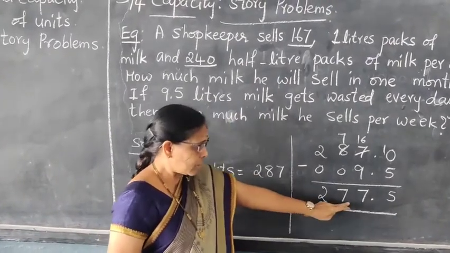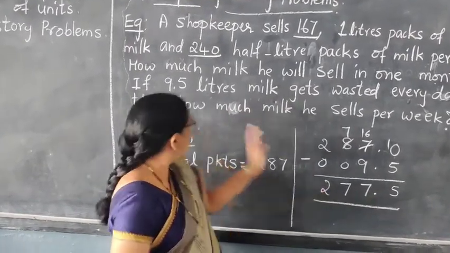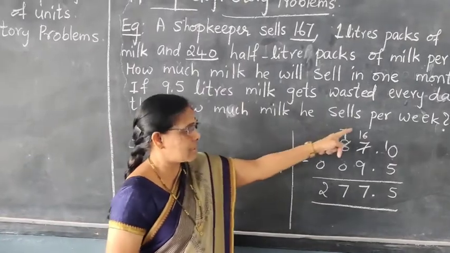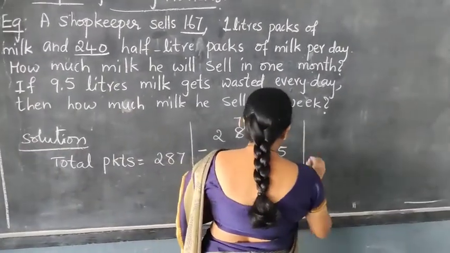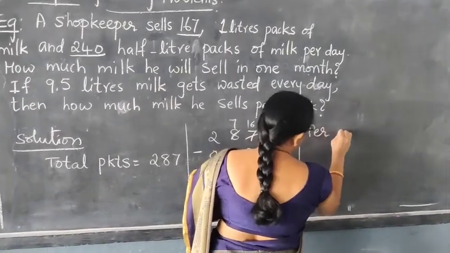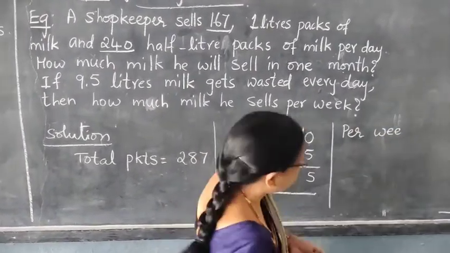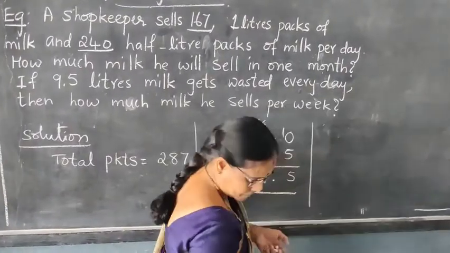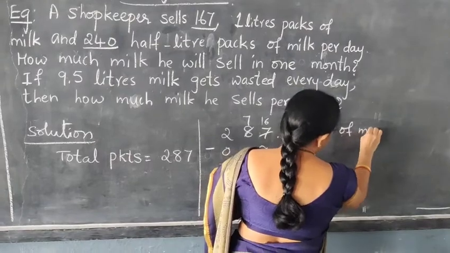So with 277.5 liters per day, how much milk does he sell per week?